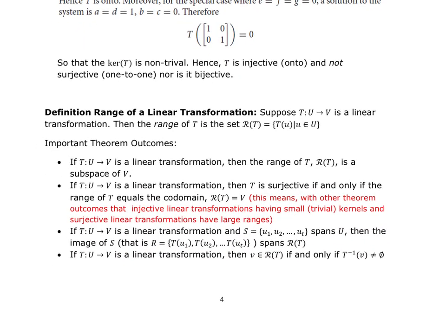So let's talk about the definition of range, because we're going to use some more of the definitions to look at the important theorem outcomes to help us do the next example.